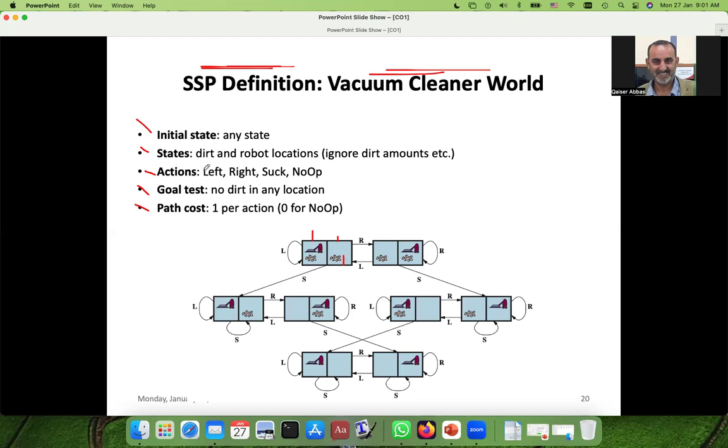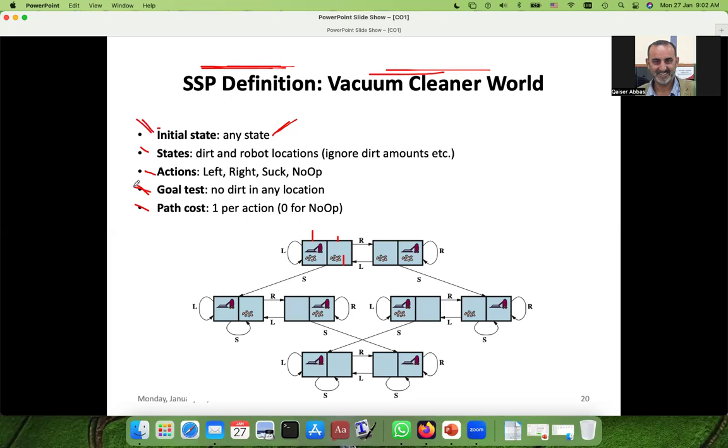Then what initial state will you give? We don't know, because we don't have some particular one. So the initial state can be any state.